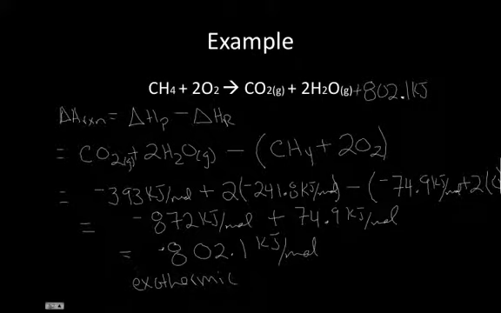Now, the reason that this becomes positive is because this negative sign is just telling us to put it on the product side. It doesn't stay negative. It goes positive on whichever side you put it on in the reaction. So if this was a positive number, it would be positive over here. Because it's a negative though, it's positive over on the product side.